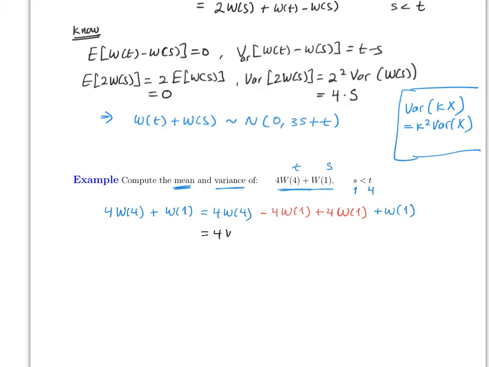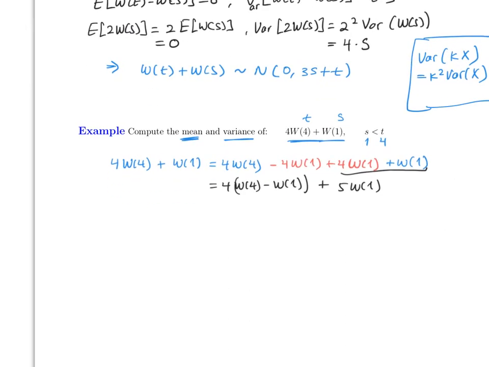So this is 4 times W4 minus W1. And then if you combine these two, this is 5W1.